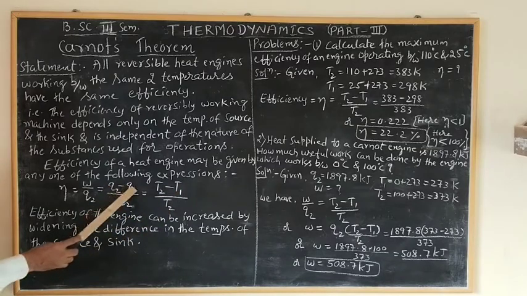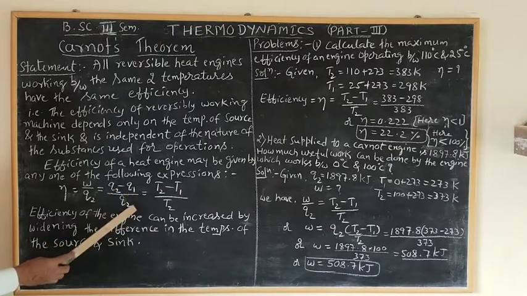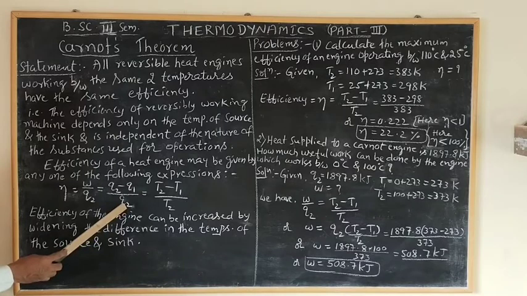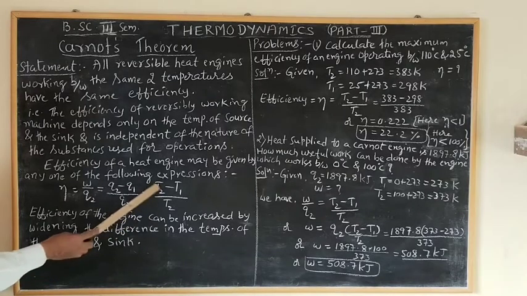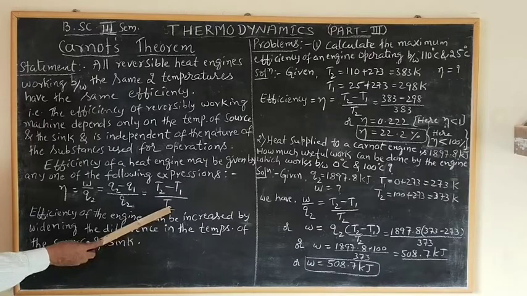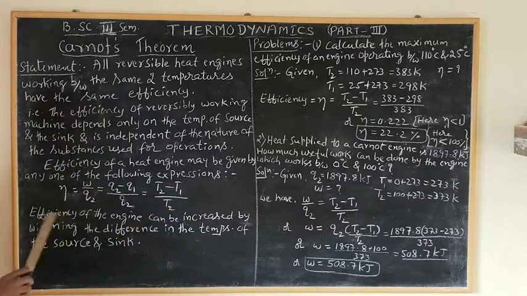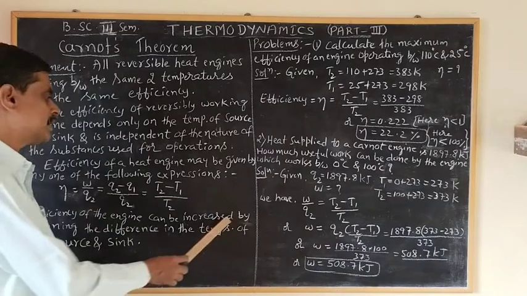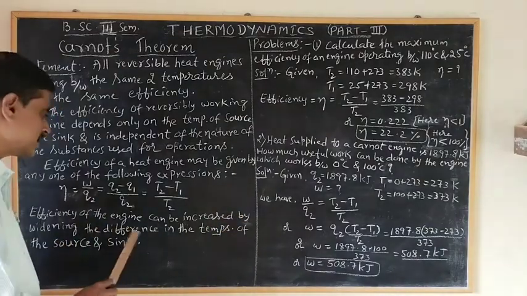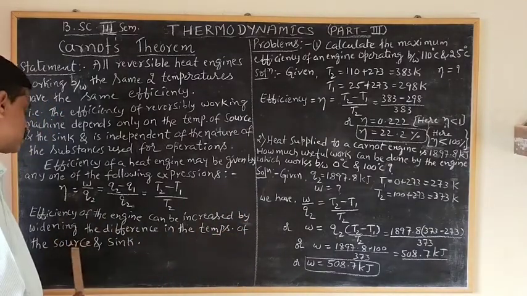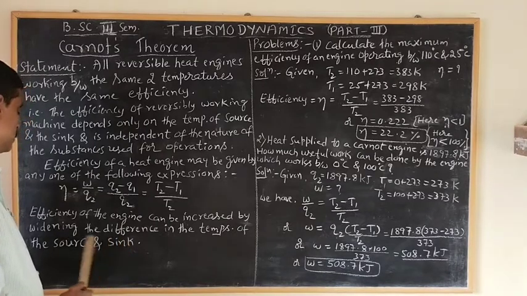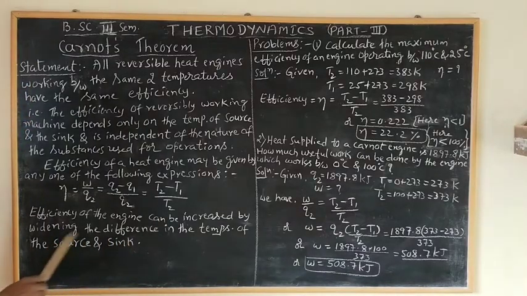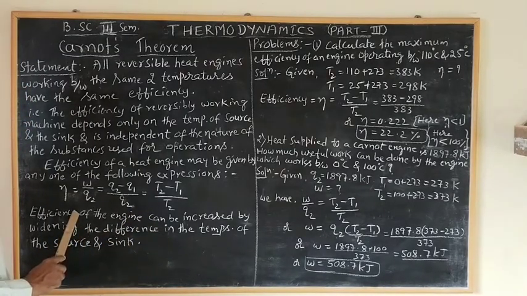That is, the difference of quantity of heat in the numerator and quantity of heat in the denominator, or the difference of two temperatures in the numerator and the higher temperature in the denominator. So the efficiency of the heat engine can be increased by widening the difference in the temperatures of the source and the sink. If the difference between the temperatures of the source and sink is more, then we get more efficiency.